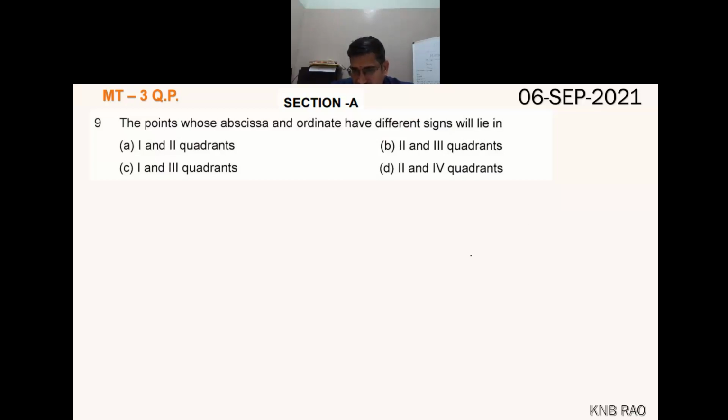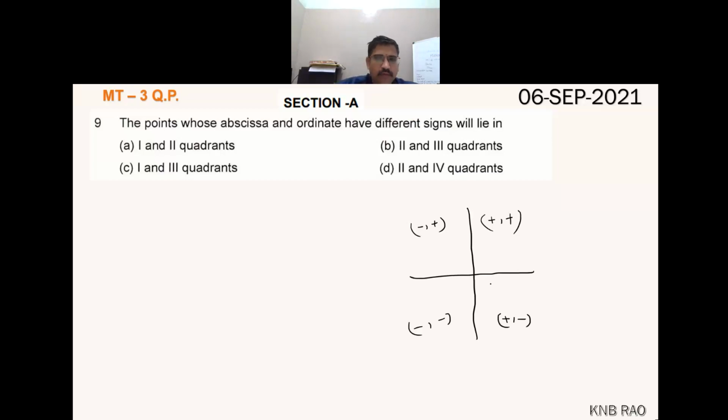Okay, why? Because in the first quadrant both are positive and in the third both are negative. Only in the second quadrant and in the fourth quadrant do we have different signs. Okay, so the right option is D, second and fourth quadrant.